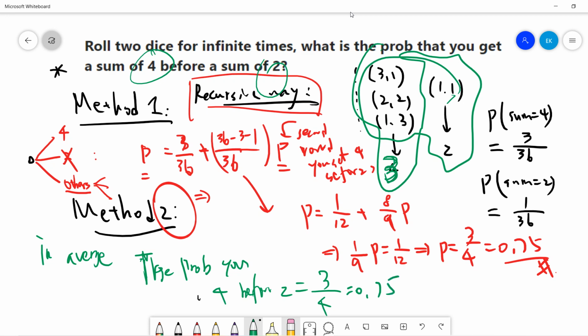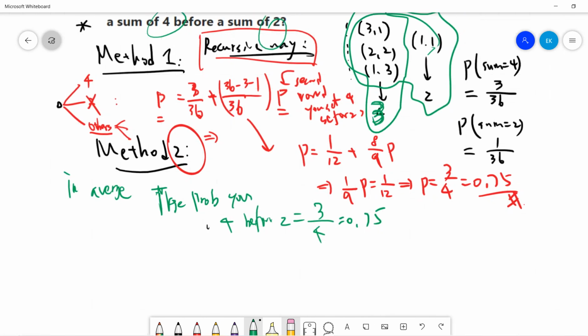One might ask: is it a coincidence that these two methods give the same answer? The answer is no. Now I want to prove that method 1 is always equal to method 2.